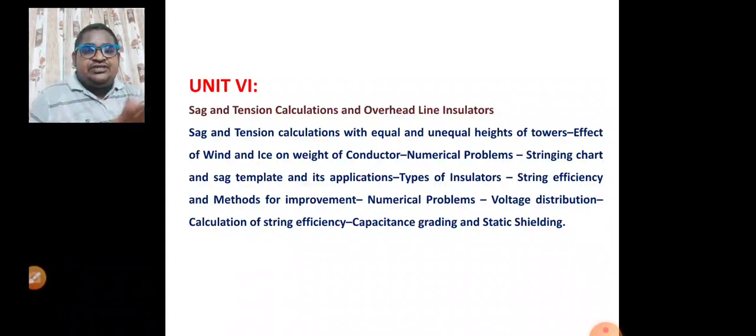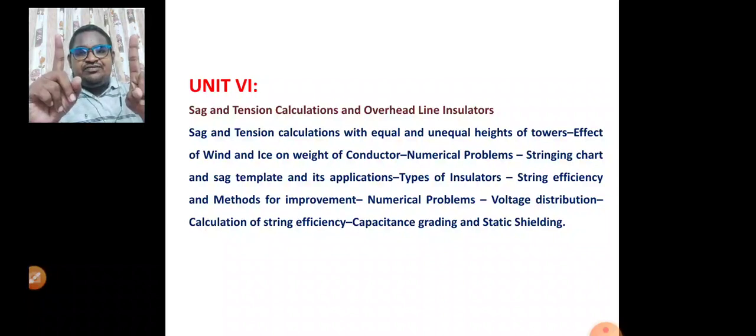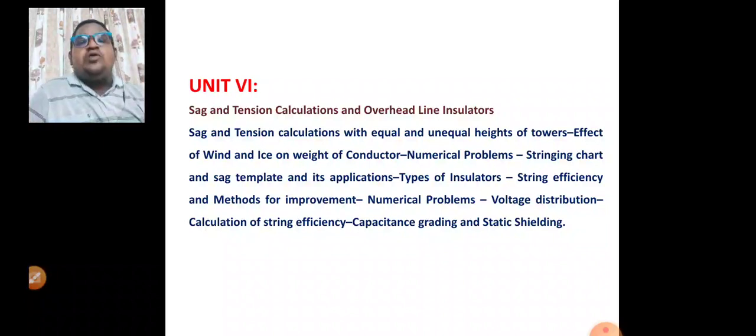Hence we have the sag and tension. Sag in the sense, this is one pole, this is another pole. In between these two poles, the transmission line is connected like this. That is called sag. How you can calculate that sag, and how you can calculate the strength, that is the tension of the sag, we will see in detail.